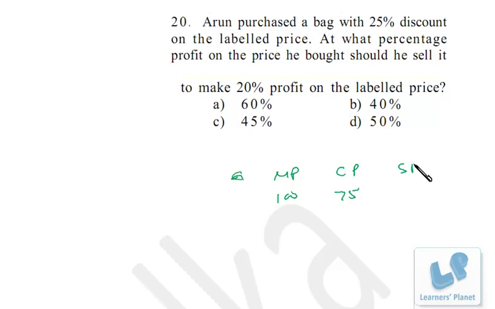That means selling price is actually 120, right? So exactly we have to find out the profit. So cost price, and this is selling price. So selling price divided by cost price, you'll be getting SP-CP ratio. So 8/5, that is 1 plus 3/5. That means 60% is the profit. Okay.